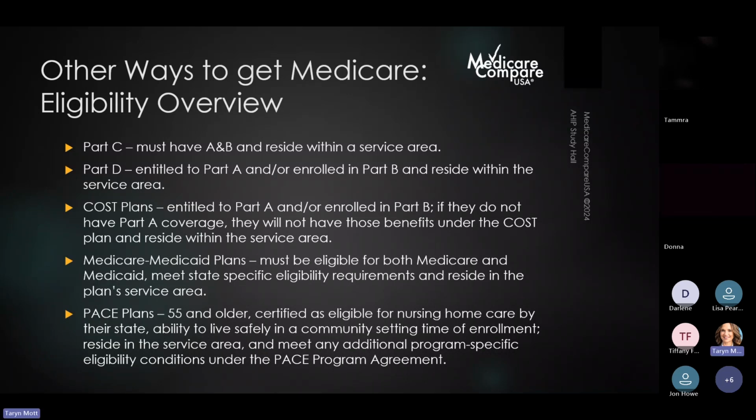Medicare and Medicaid plans must be eligible for both Medicare and Medicaid, meet state-specific eligibility requirements, and reside in the plan service area. Where they try to get you on the test with Medicare Medicaid is the question is actually worded about Medicare, and one of the answers is you have to meet certain income, be below a certain income.